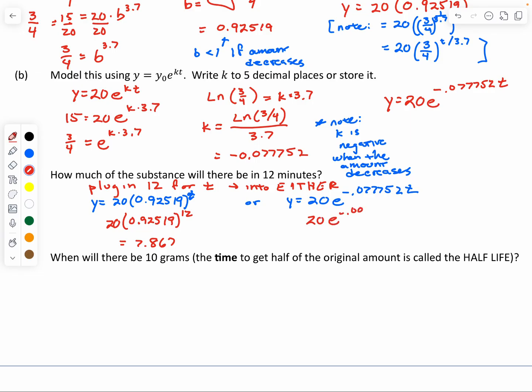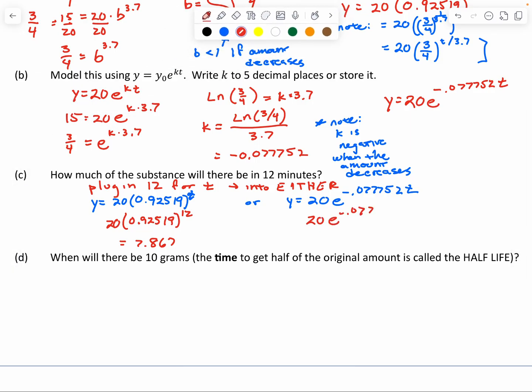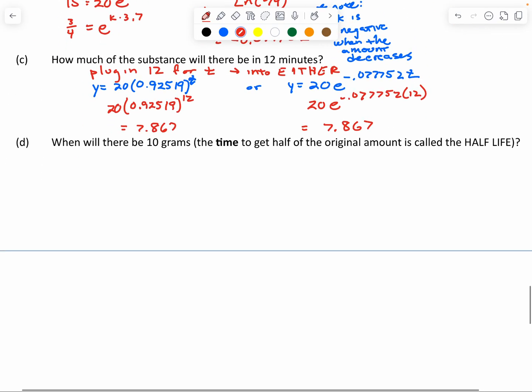Oops, 2 zeros. Type it in, you'll see. It comes out the same. I didn't just cheat. Grams. Okay, when will there be 10 grams?